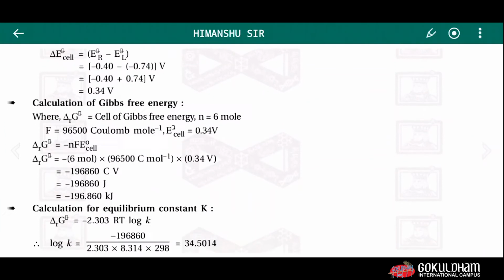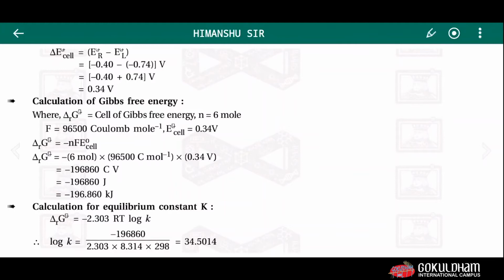So our answer is 196,860 coulomb volt, and this coulomb volt is known as joule. If we convert this joule into kilojoule, then your answer is 196.86.